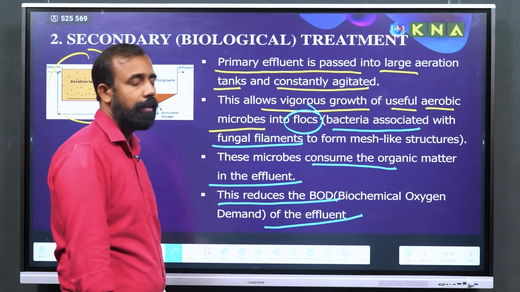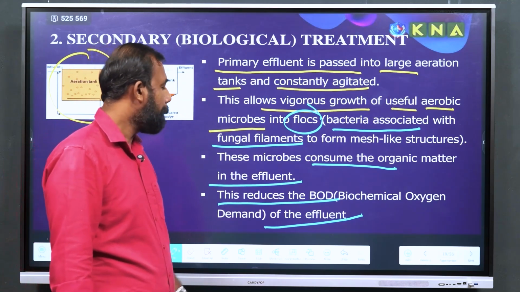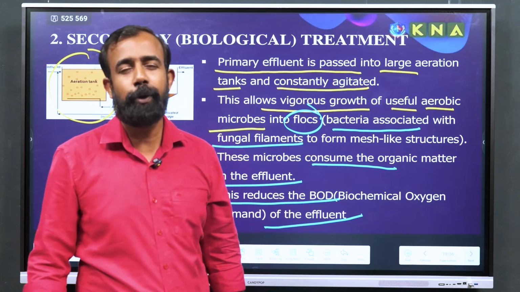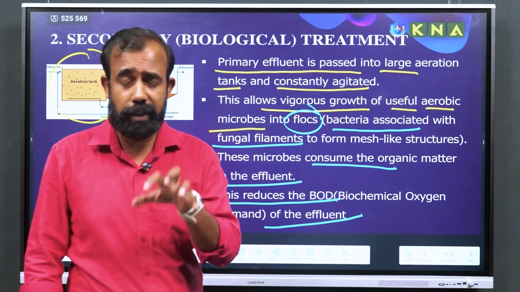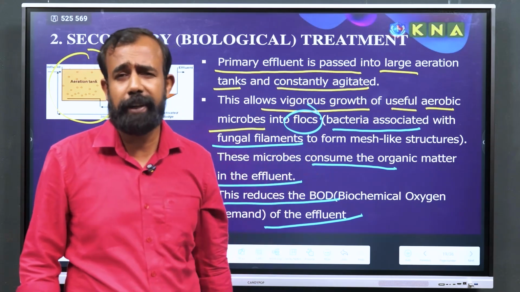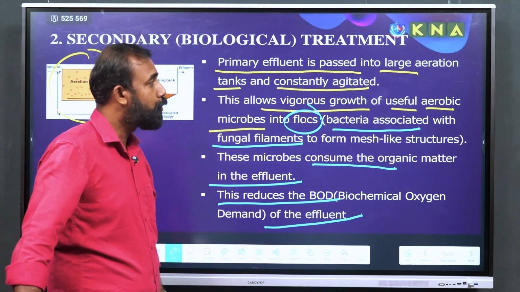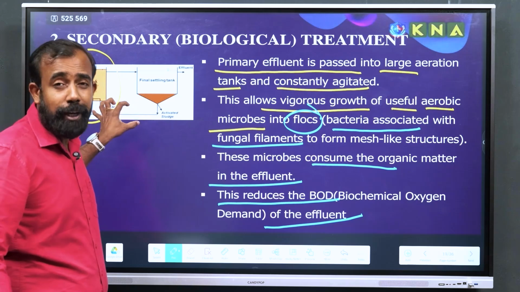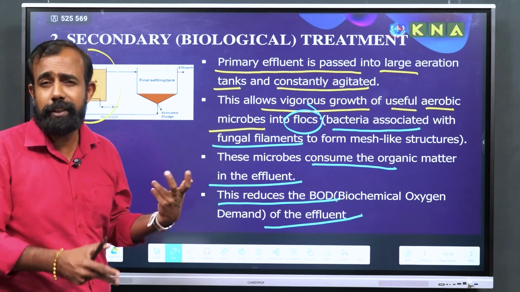Very, very important. What is BOD? BOD is called biochemical oxygen demand or biological oxygen demand. After primary treatment, the primary effluent is passed into a large aeration tank and constantly agitated.